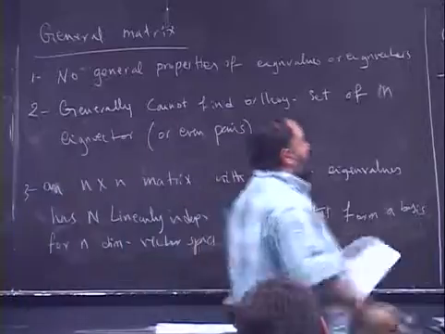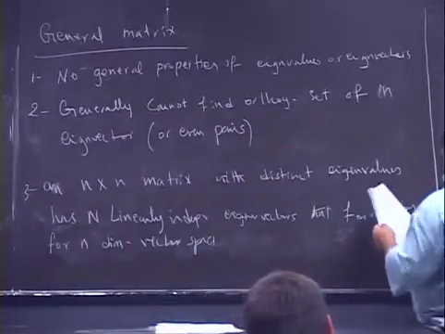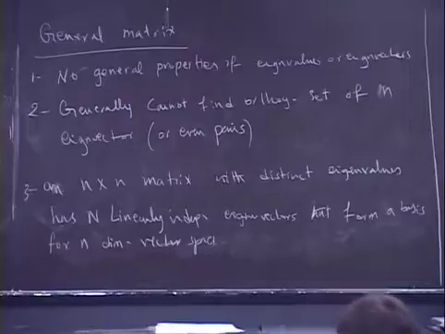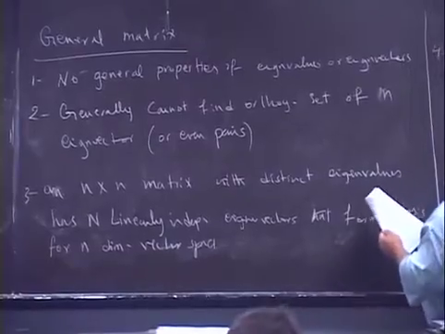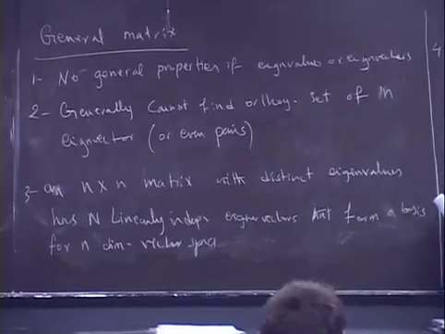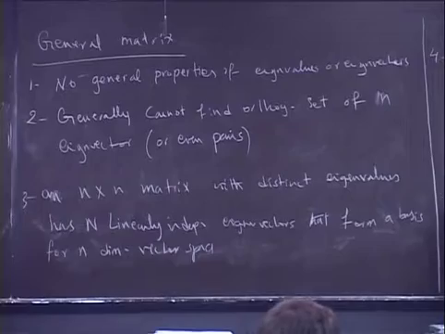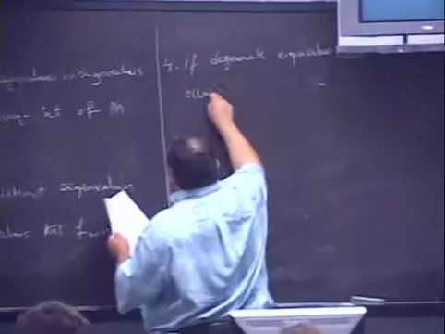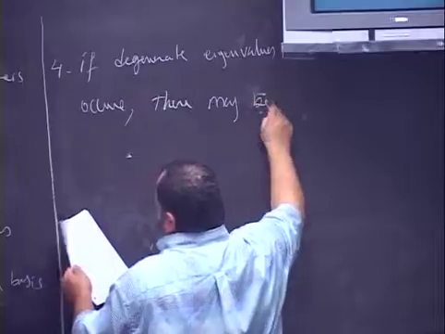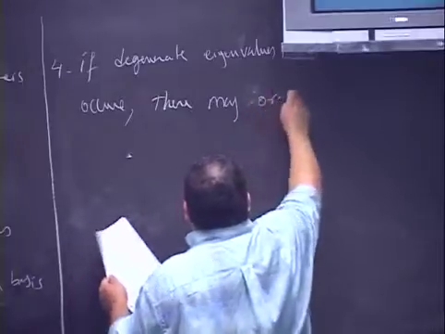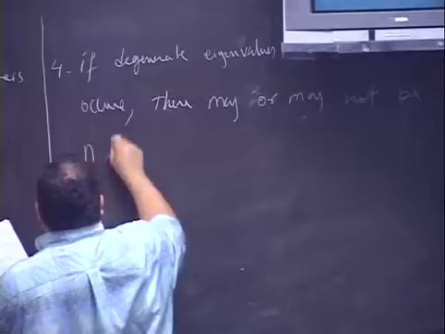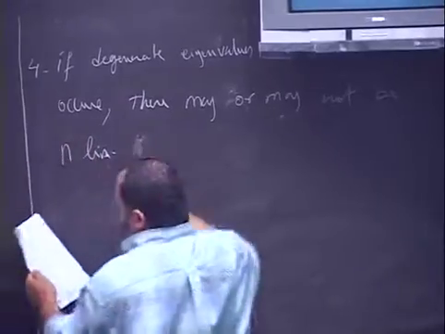And finally, if degenerate eigenvalues occur, there may or may not be n linearly independent eigenvectors.